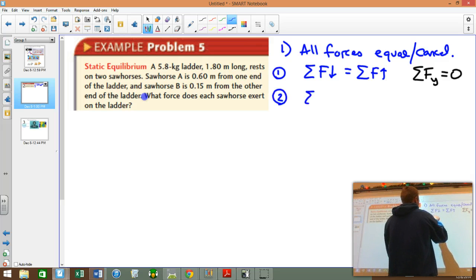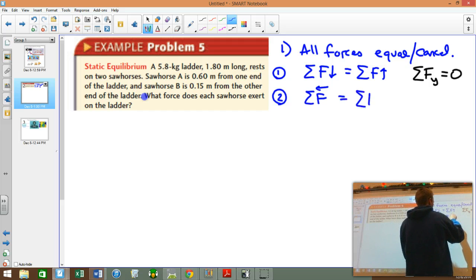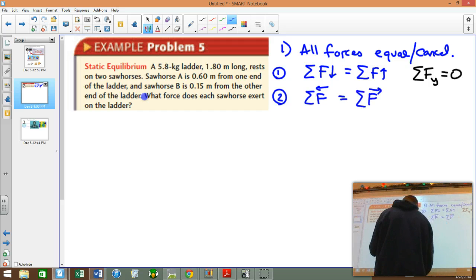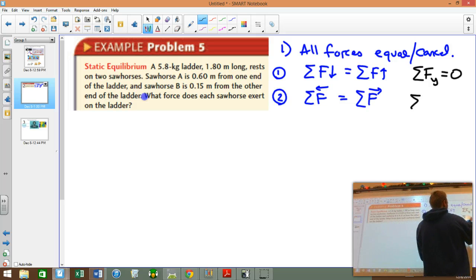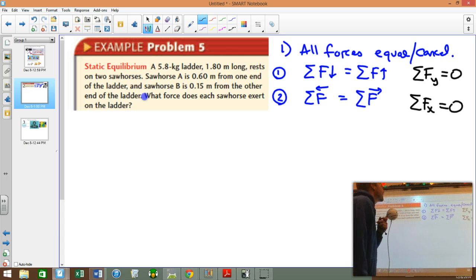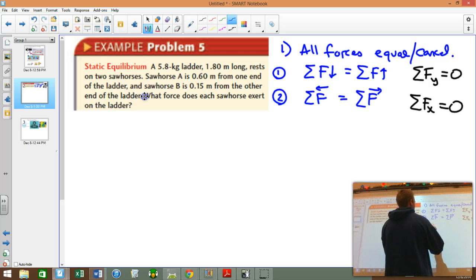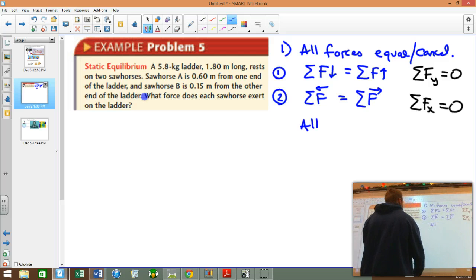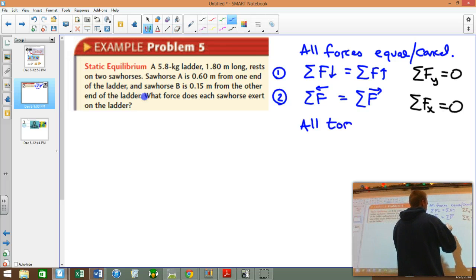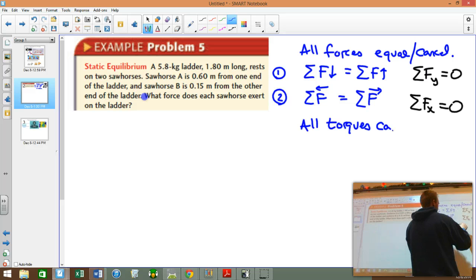The next thing that's true is if you add up all the forces that pull to the left, they have to equal all the forces that are pulling to the right. Sometimes I'll write it like this, that the sum of all forces in the x direction has to be equal to 0. And then lastly, all torques cancel or equal.